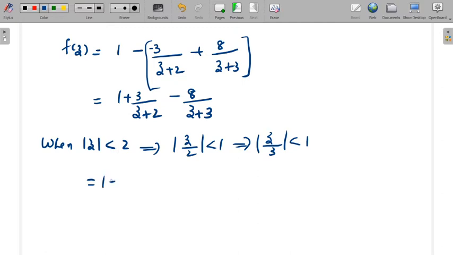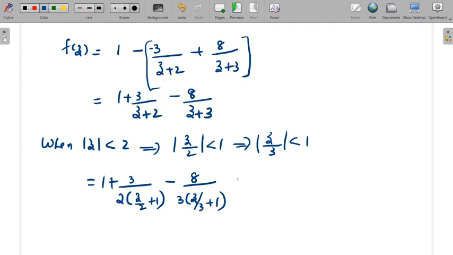You can just take this into the form 1 by 1 plus t or 1 by 1 minus t, and we adjust the terms so that mod t is less than 1. So in the first case, as mod z by 2 is less than 1, we take 2 as common and write this as z by 2 plus 1. And in the second case, as mod z by 3 is less than 1, we write this as 8 by 3 into z by 3 plus 1.